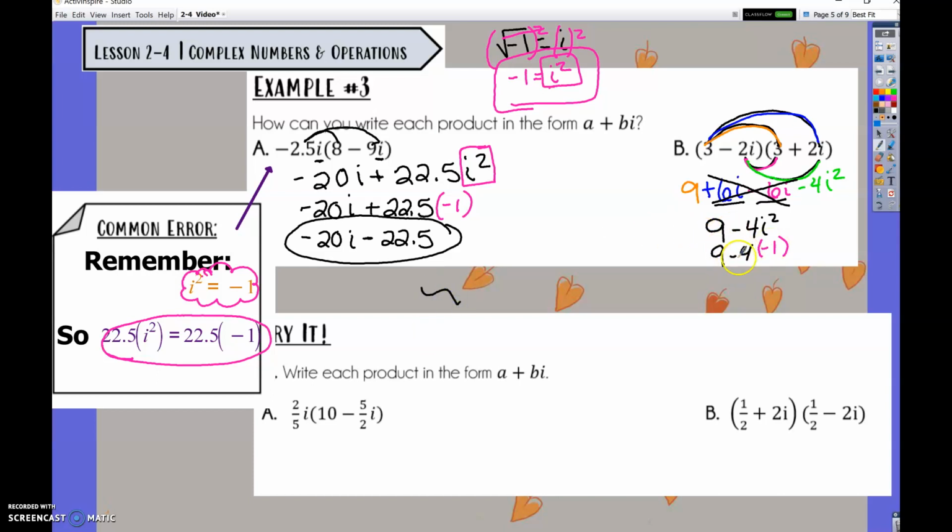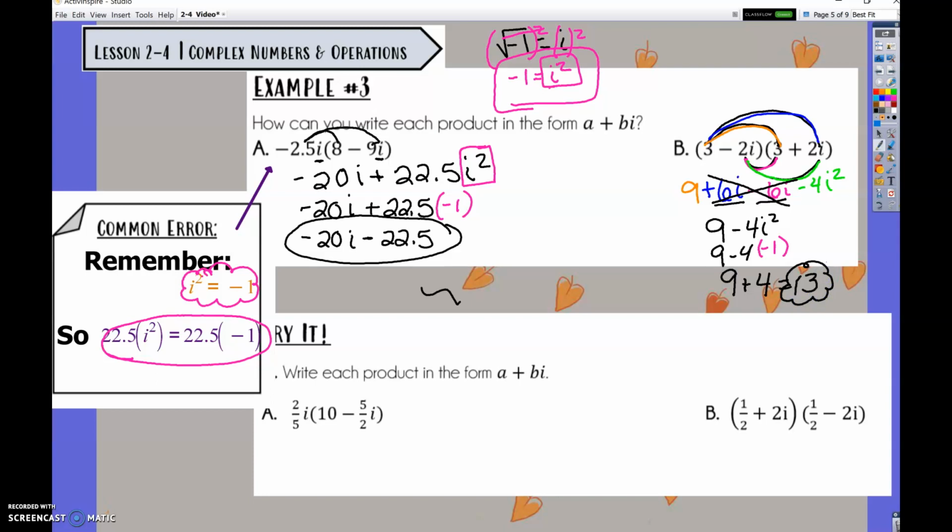And now, negative 4 times negative 1 is a positive 4. So I'd have 9 plus 4, which equals 13. Crazy enough, all that i business in the beginning ends up being just 13.